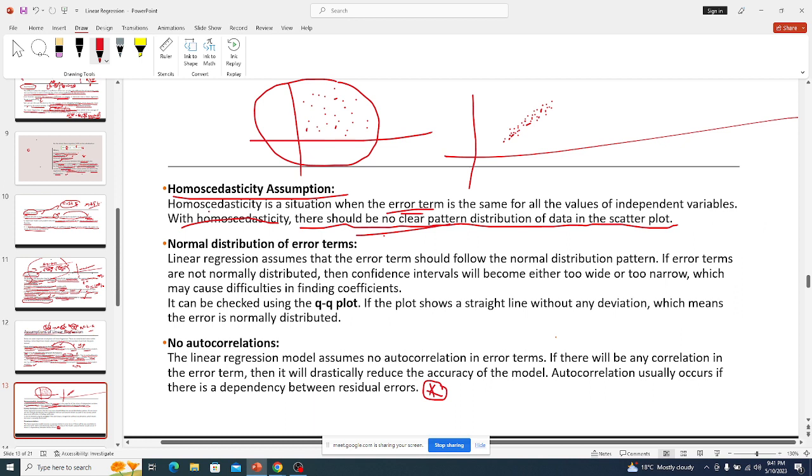Okay, you can see we have a pattern. So homoscedasticity is the situation where the error term is the same for all the values of independent variables. Okay, and with homoscedasticity, we should not have a clear pattern distribution of the scatter plot or of our data.